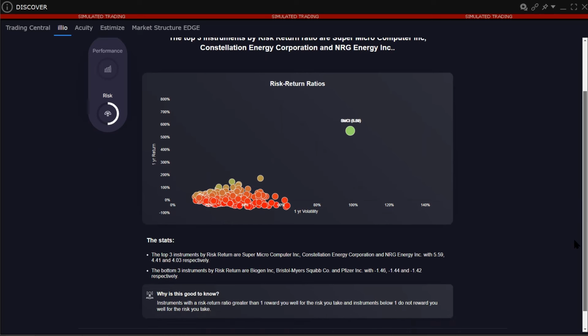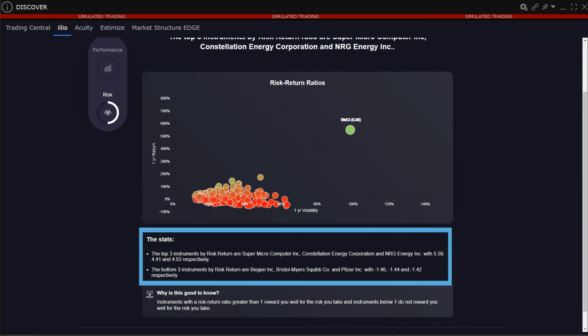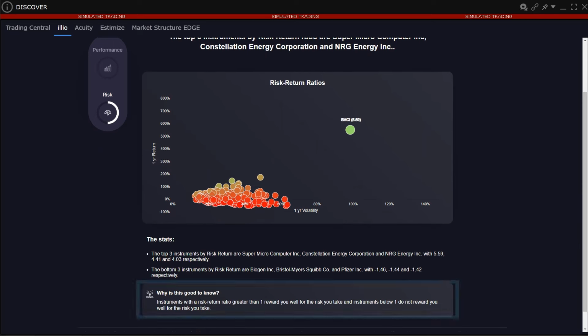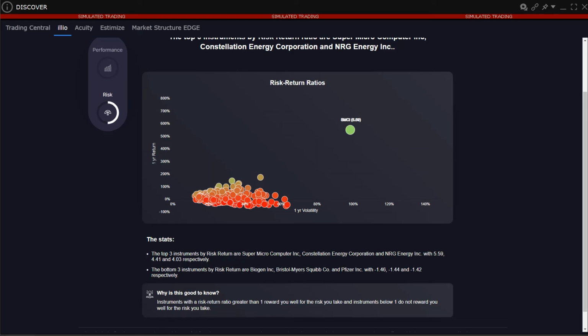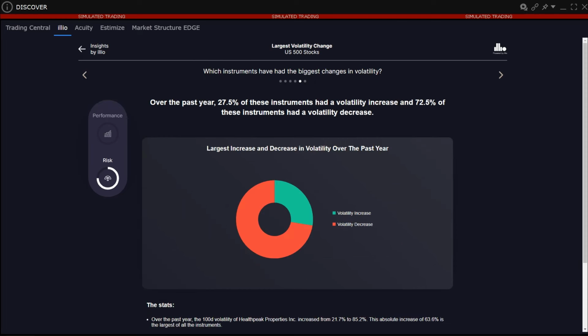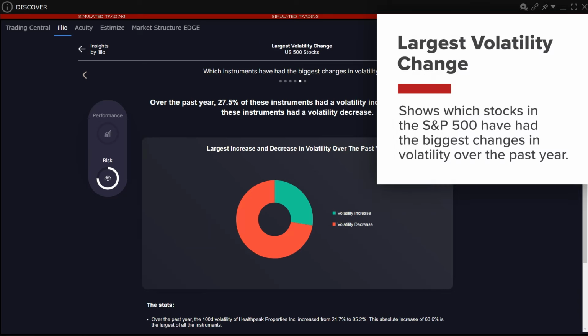Below the heat map are stats on the top and bottom 3 performers, and at the bottom of the page, an explanation of why the risk-return ratio is important to investors, stating instruments with a risk-return ratio greater than 1 will reward the investor for the risk they take, and risk-return ratios below 1 will not reward the investor for the risk they take.